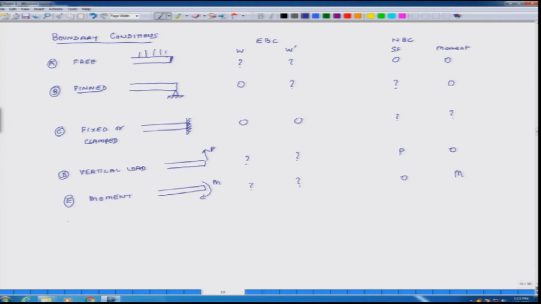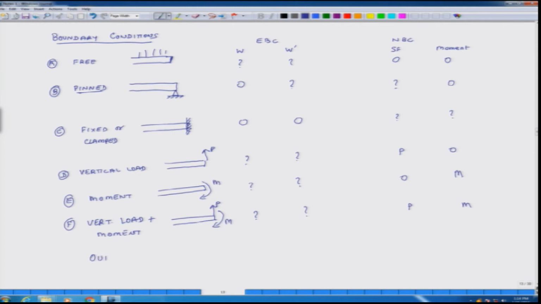And then I can have another condition which is vertical load plus moment. So, I am applying a force P and I am applying a moment m, then again W and its slope are unknown, but these entities we know.